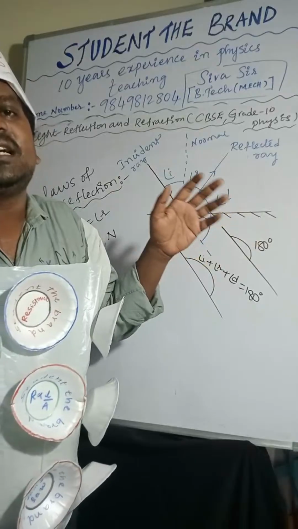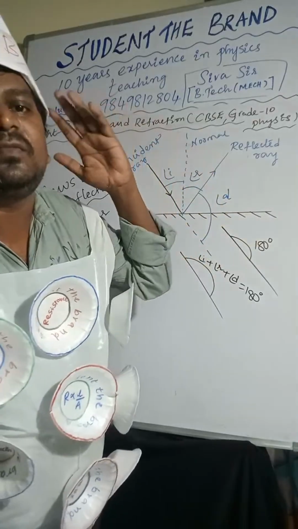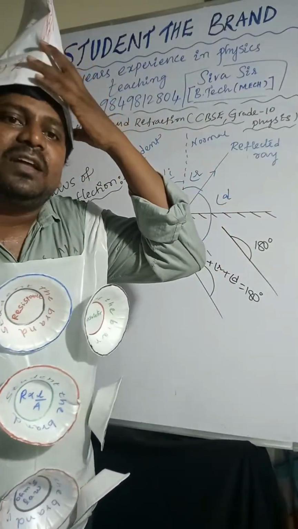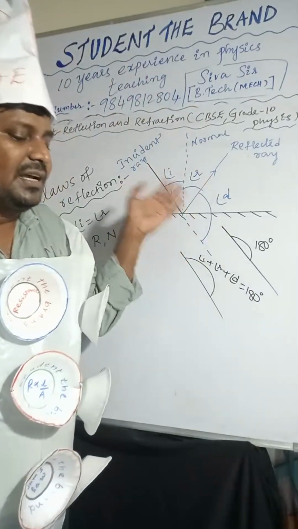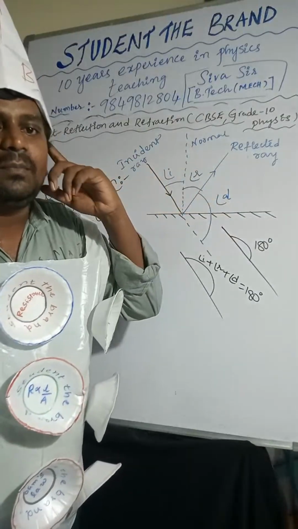First law of reflection: the angle of incidence equals the angle of reflection. Second law: the incident ray, reflected ray, and normal line lie on the same plane.